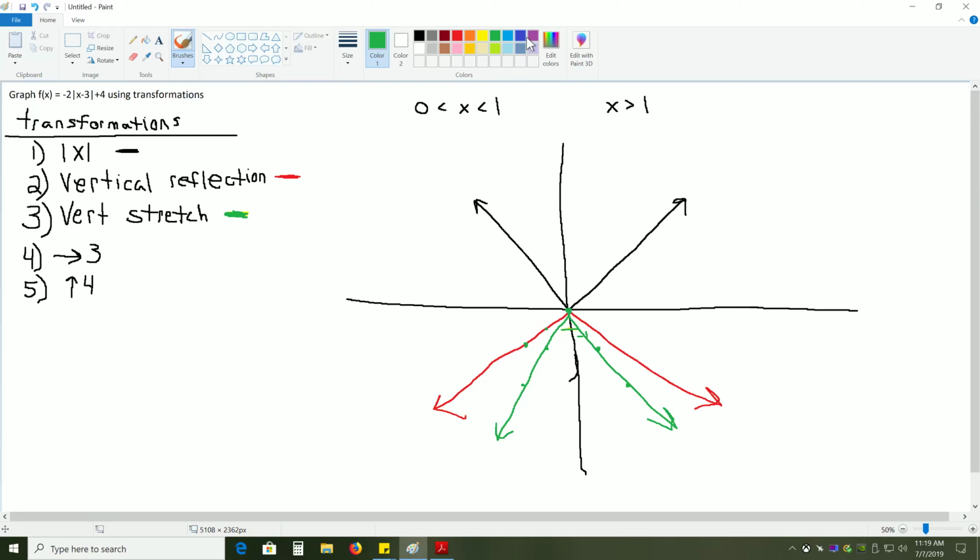Okay, so we'll keep going with this. We're nearly done. I'll now switch to purple. Shifting to the right 3 means we're going to take every value on our green graph and shift it right 3.